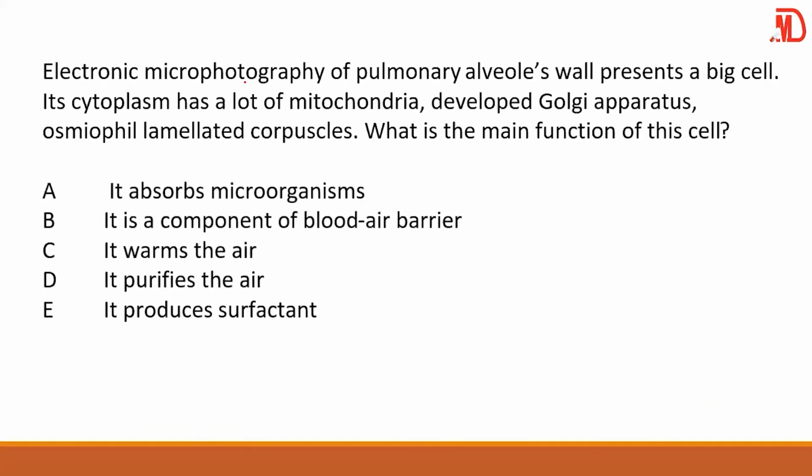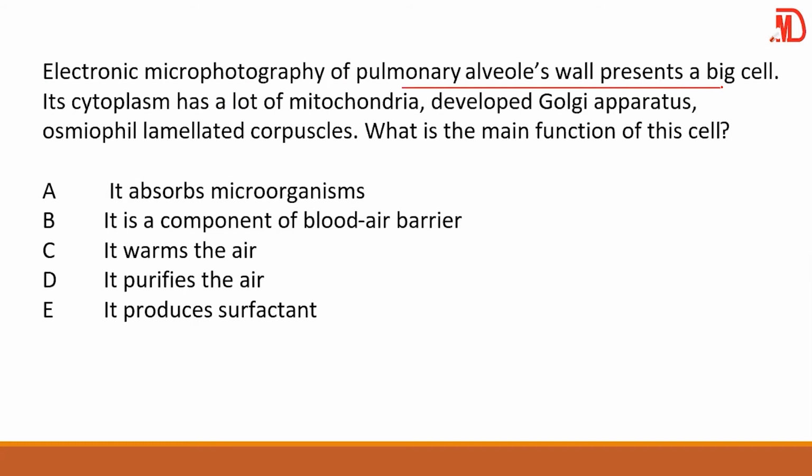Electron microphotography of the pulmonary alveolar wall presents a very big cell. I think I discussed with you guys that the alveolar wall or the alveoli are made up of two cells. Of course, in general, we call them what? Surfactant. But made of two cells, we have type 1 and then the type 2.